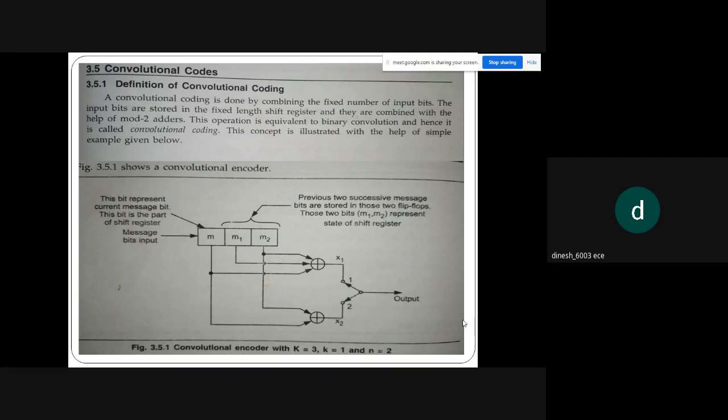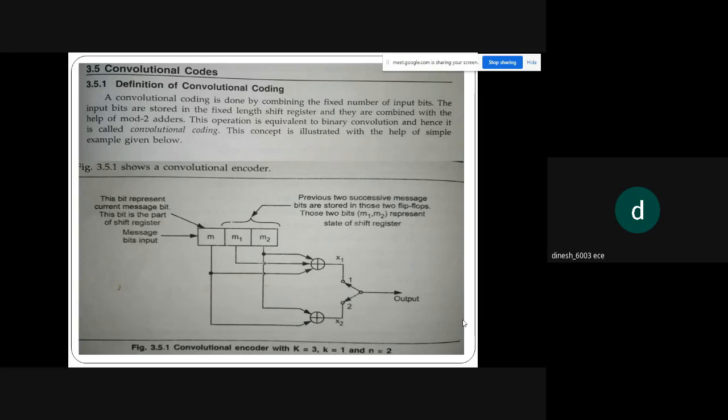The input bits would be fixed, and depending upon that we'll be doing some operation. What operation is that? It is the modulo 2 operation. The input bits would be stored in fixed lengths, and they will be combined with the help of the modulo 2 operation, which we call the exclusive OR gate operation. This operation would be equivalent to binary convolution.